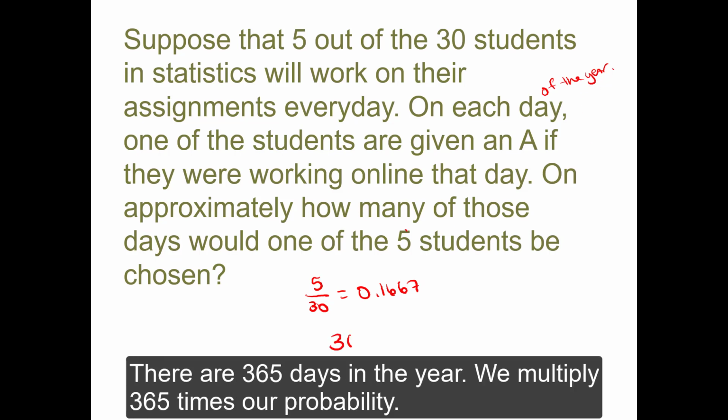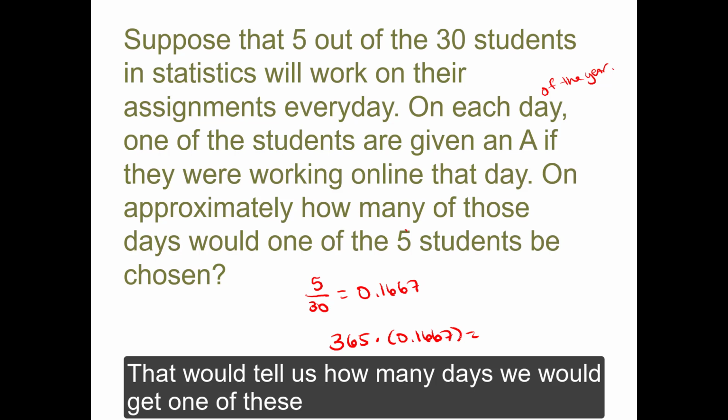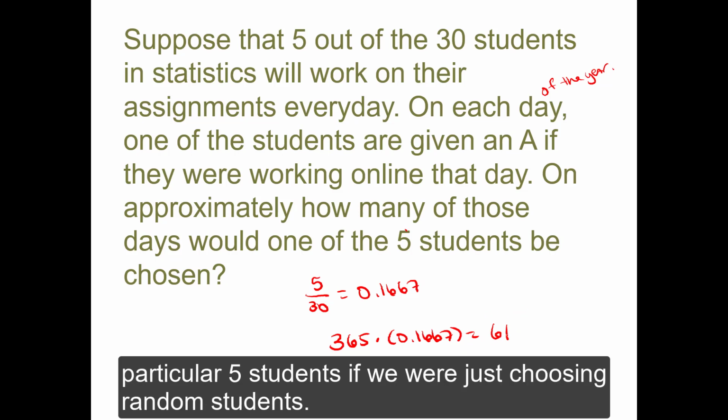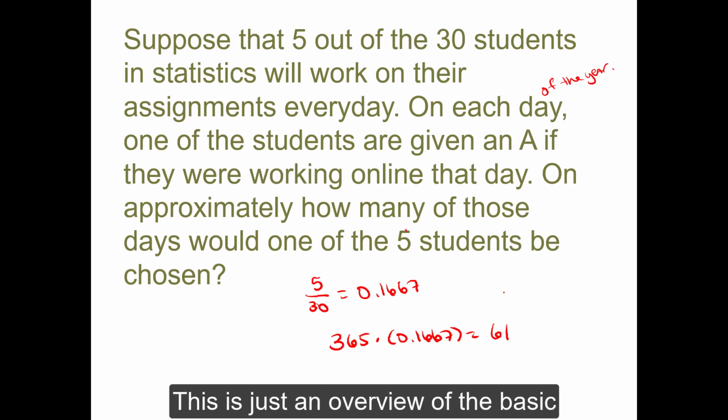So basically, we're just going to say 365 times our probability. And that would tell us how many days we would get one of those particular 5 students if we were just choosing 5 students out of the 30. So 61 out of 365 days, they would choose one of those.